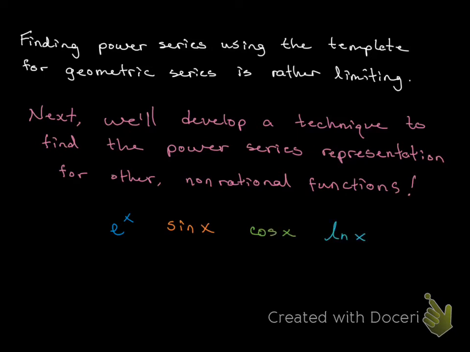These are really the things that we're going to be interested in here, because writing polynomials and rational functions as power series isn't all that exciting, but taking something that we can't write as just x's or a string of x's and writing it as so might be a beneficial thing, and in fact is a beneficial thing. So what we'll look at next in the next 2 sections here, hopefully another video or two, that'll be it, is how to write these, what we'll call transcendental functions, as power series.